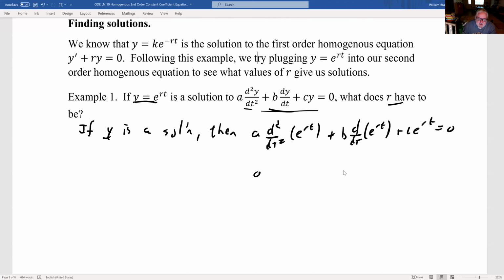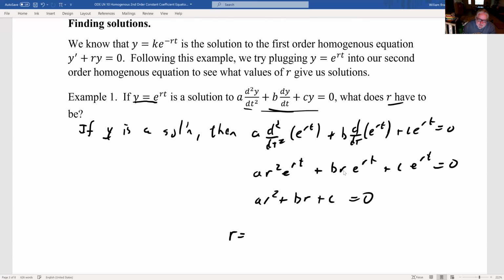But we know how to differentiate this. Differentiating e to the rt twice just means pulling down the r twice. br e to the rt plus c e to the rt. We know e to the rt is never 0, so we can divide through by e to the rt, and what do we get? Well, we get a quadratic equation.